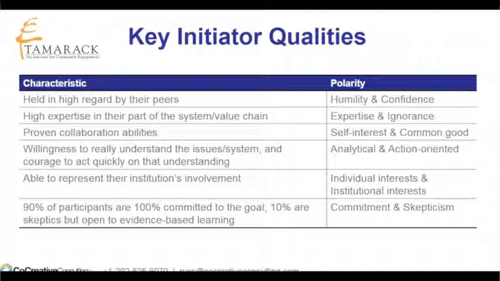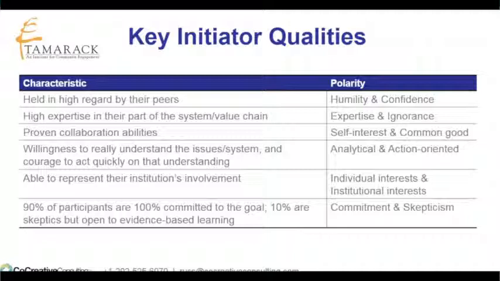As you see there, the polarity for that, we believe, is expertise and ignorance. Everyone is expert in some part of the issue, whether it's the experience of being poor or globalization as a contributor to poverty, and yet because the system is so large and complex, we get the fresh perspective, the beginner's mind in the system as well.